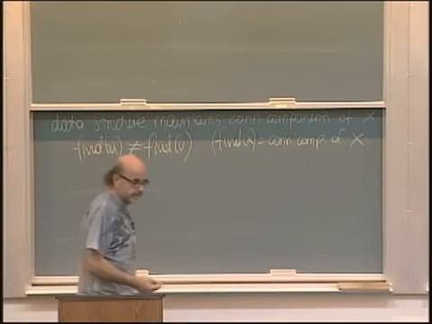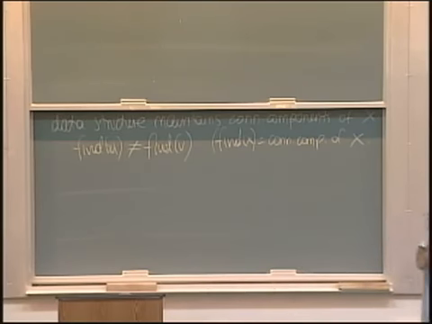So in other words, making sure that X plus uv does not contain a cycle is the same as saying make sure that u and v are in different components, right?